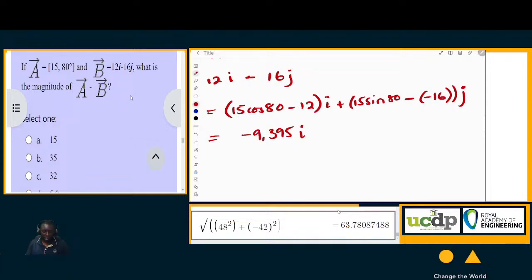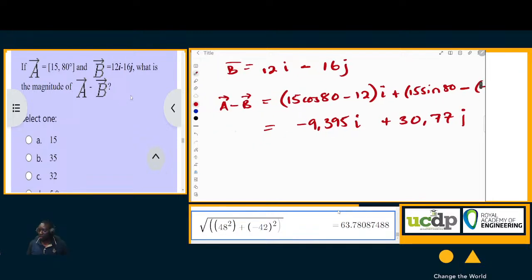Then 15 sine 80 is plus 16, which is 14 plus 16, plus 30.77 in the j.